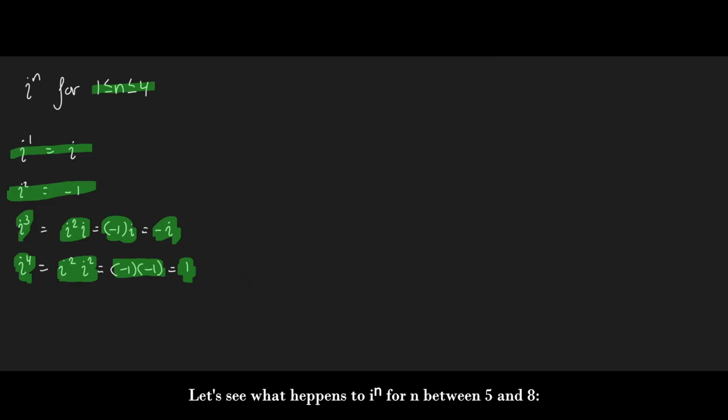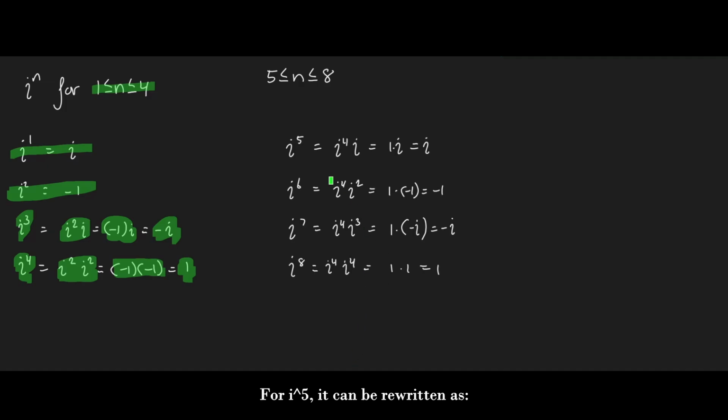Let's see what happens to i to the n for n between 5 and 8. For i to the 5th, it can be rewritten as i to the 4th times i, which equals 1 times i, which equals i. For i to the 6th, it can be rewritten as i to the 4th times i squared, which equals 1 times -1, which equals -1.